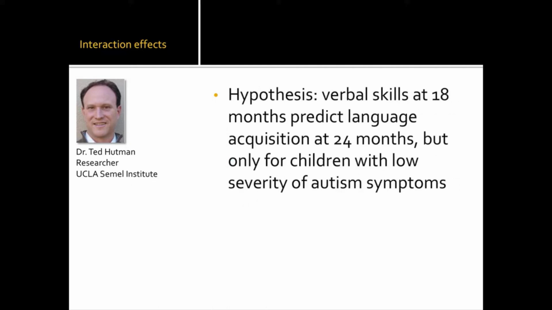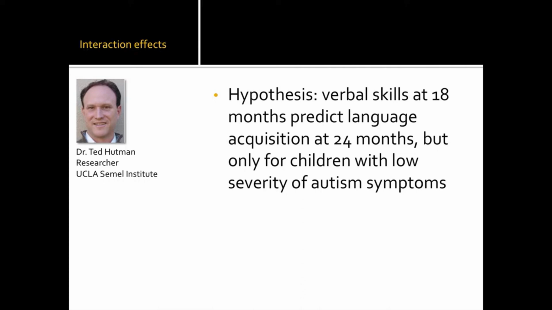So his hypothesis was the following. He had two IVs. Verbal skills at 18 months, that's a year and a half old, then predicts language acquisition at 24 months, which is 2 years old. So that's the first prediction: verbal skills at a certain level of development will predict language skills later on. You have IV, verbal skills, DV, language acquisition.